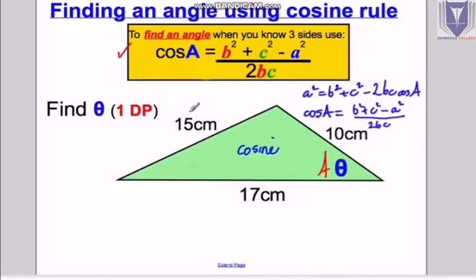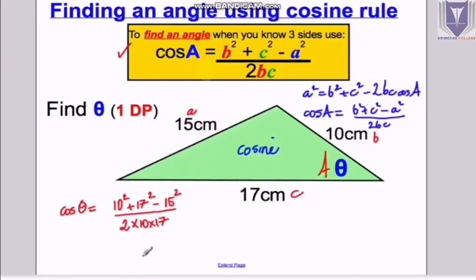So let's assume the theta is A and the side 15 is the small letter a. Then maybe 10 is b, 17 is c. So let's apply accordingly. We're going to have cos theta equal to 10 squared plus 17 squared minus 8 squared over 2 times 10 times 17.